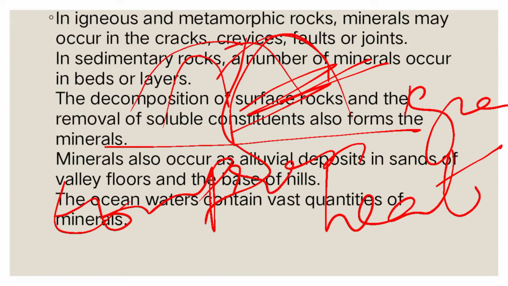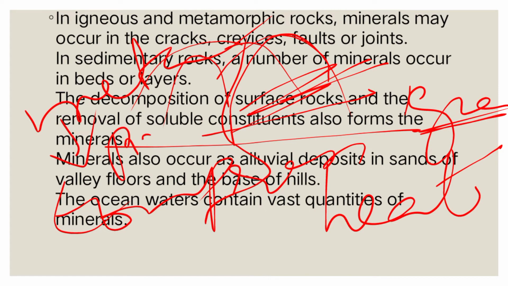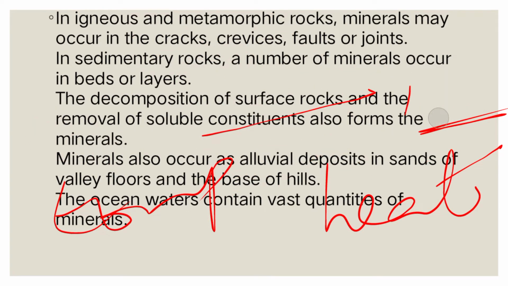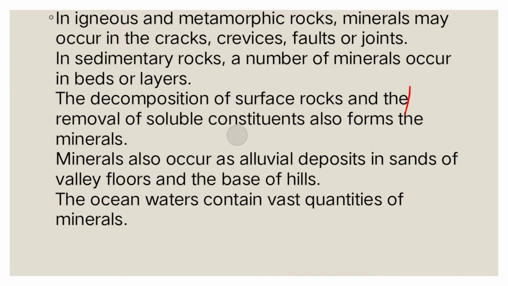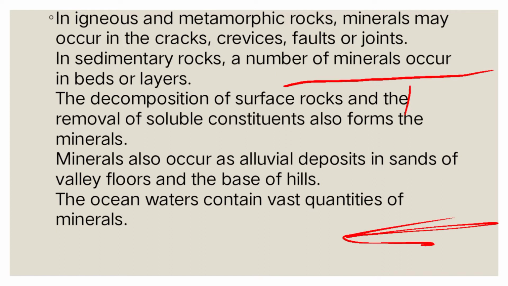These rocks undergo a lot of change. When igneous rocks change, the rocks so formed are called metamorphic rocks. When these rocks are broken into pieces, they are called sedimentary rocks. The pieces are called sediments. In sedimentary rocks, a number of minerals occur in the beds or layers, the downmost part.